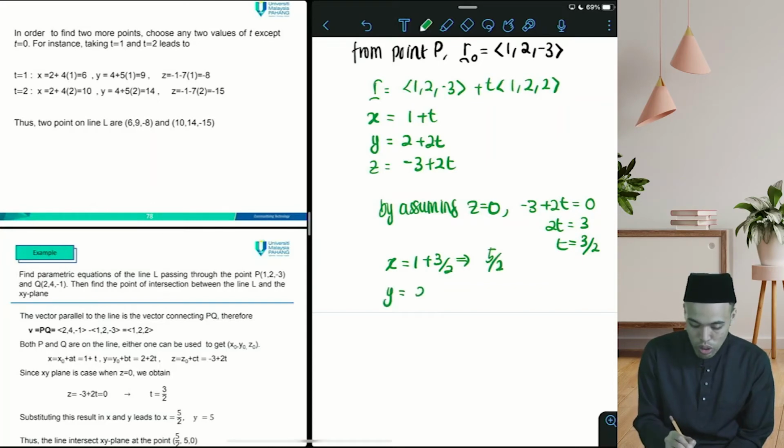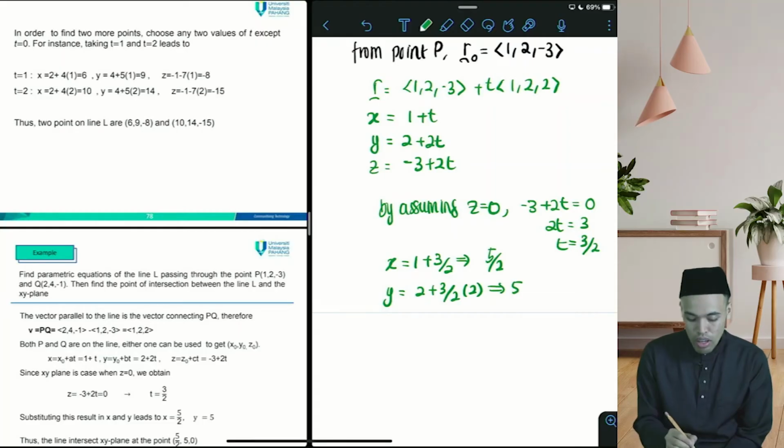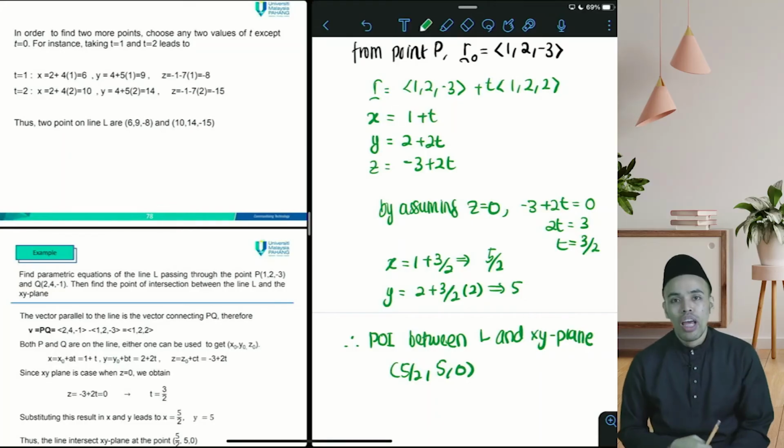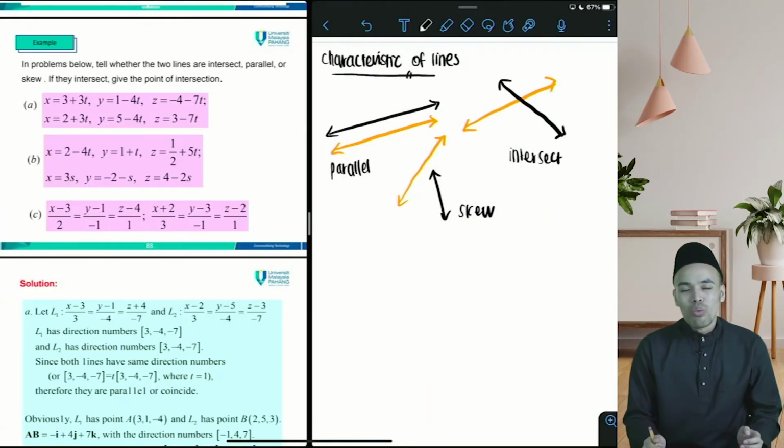And y is equal to 2 plus 3 over 2 times 2, so I will get 5. Therefore, the point of intersection between line L and the xy plane is (5 over 2, 5, 0). As simple as that.